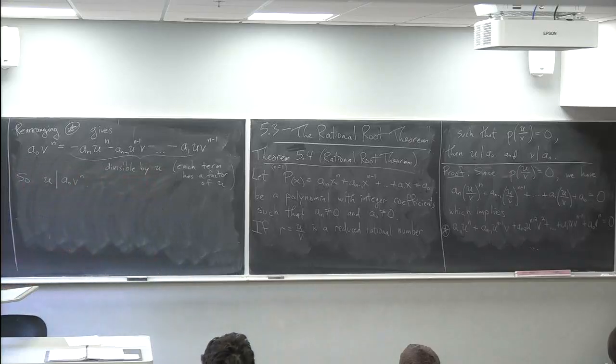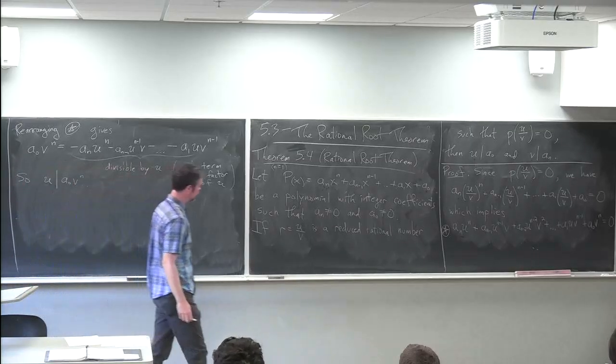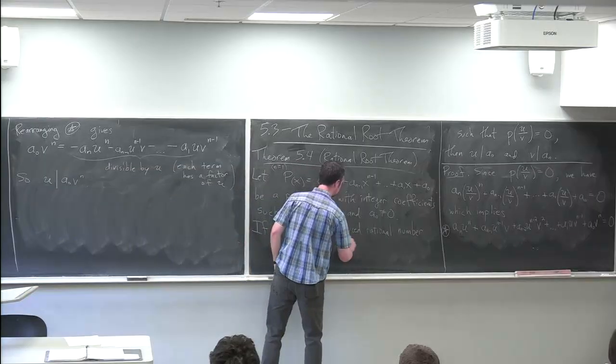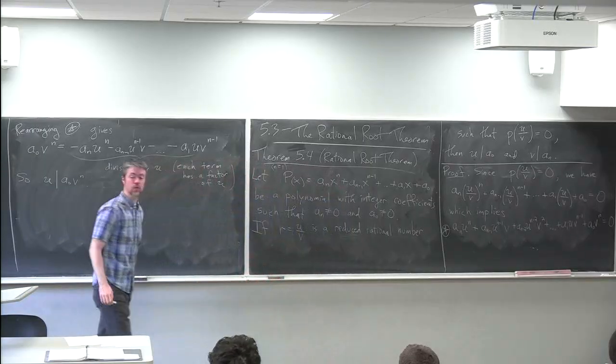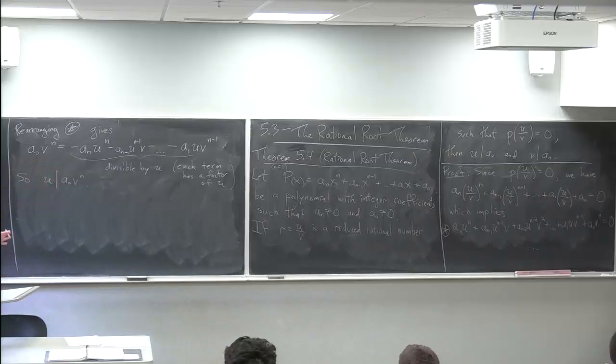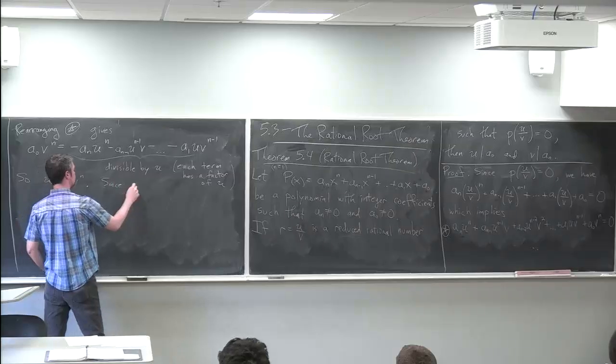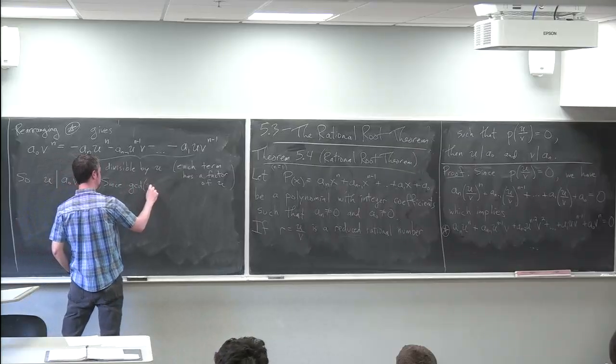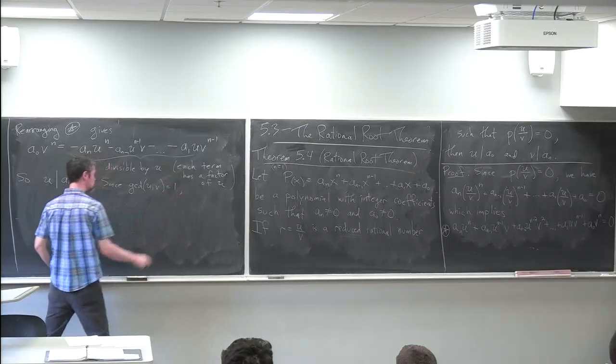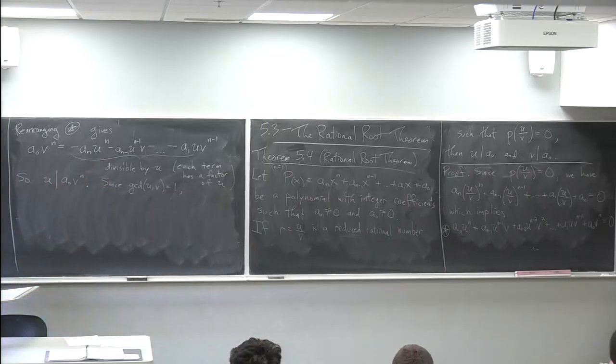Now there was a thing that was assumed here in the statement, that u over v is supposed to be reduced, which means we were actually assuming the GCD is 1. So since the GCD of u and v is 1, we're supposed to get our conclusion, but let's be a little careful.